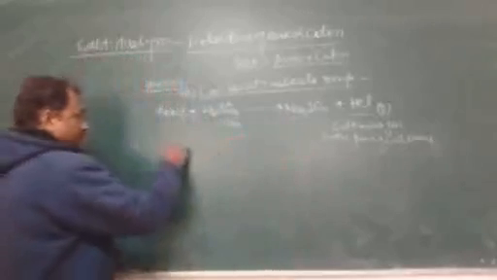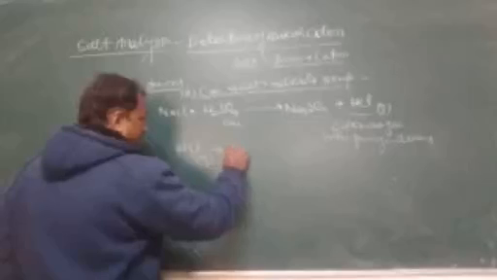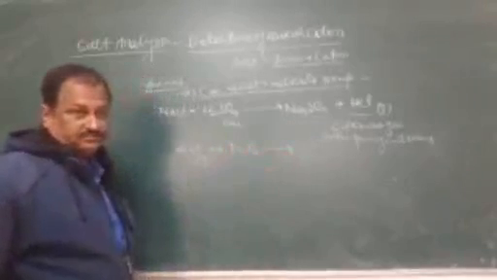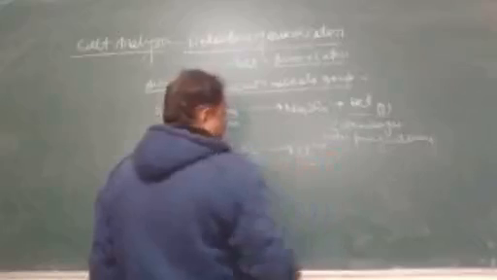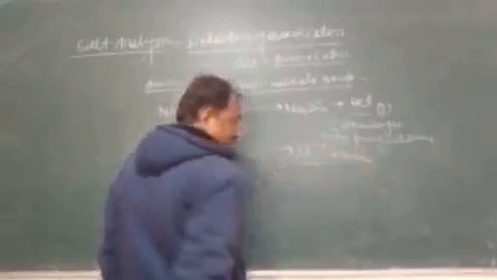Now, when we take the HCl gas and put a little amount of MnO2, there is liberation of chlorine gas and there will be formation of MnCl2.